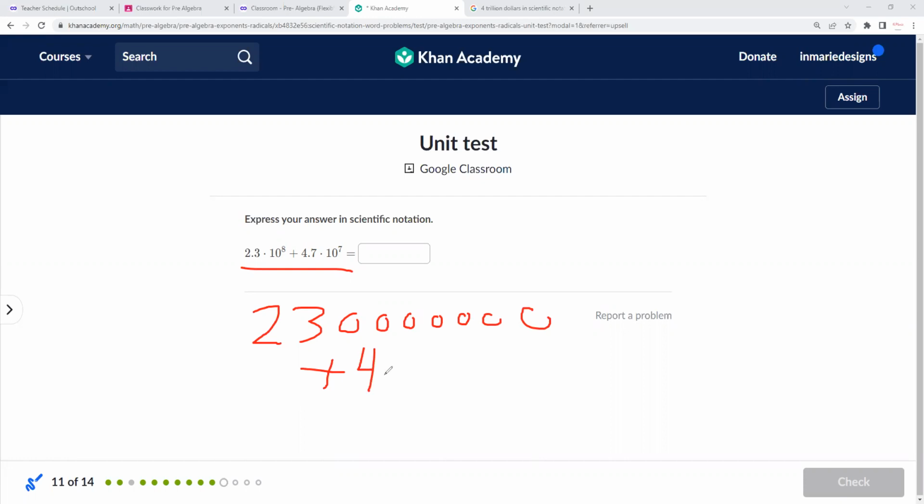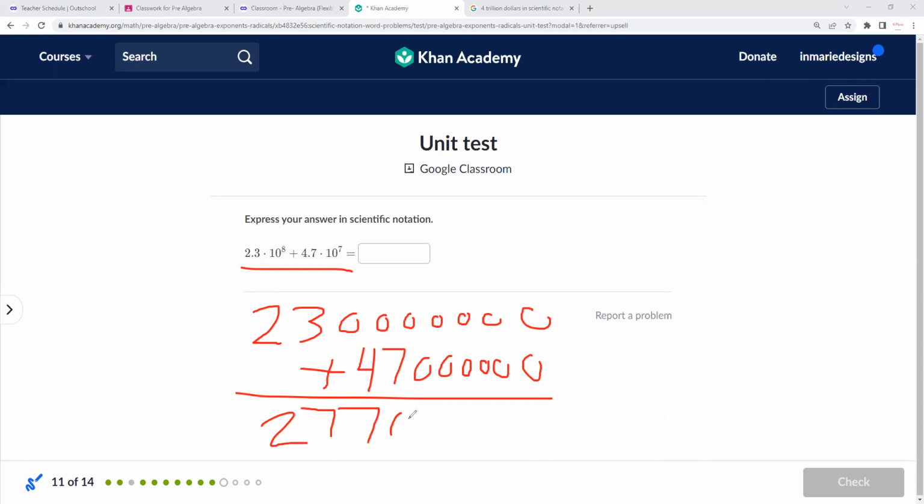Plus 1, 2, 3, 4, 5, 6, 7. So if you wrote these in standard notation, it would look like this. Sorry if they don't match up, but if I were to add those in my calculator, I would get 277700000. So right, that's why you do scientific notation, so you don't have to deal with all these zeros.